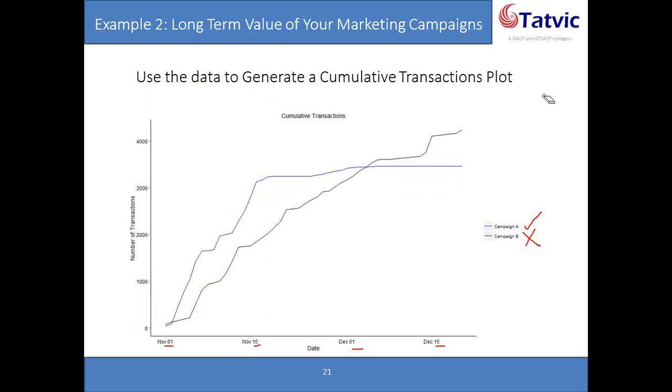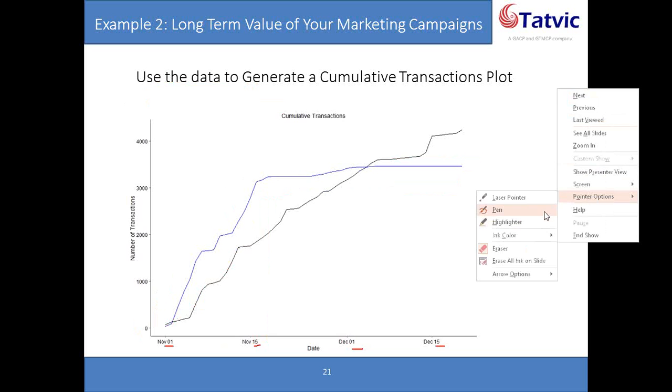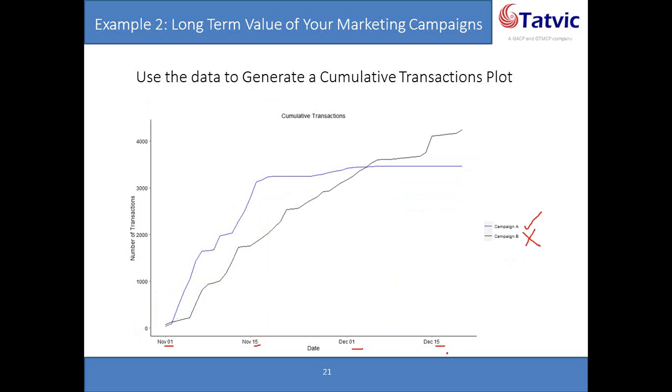Okay, yeah, there you go. If you look at the longer-term duration, let's say 2 months is the duration for analyzing this campaign, you would obviously see that campaign B is better and campaign A is plateauing after a certain point of time.